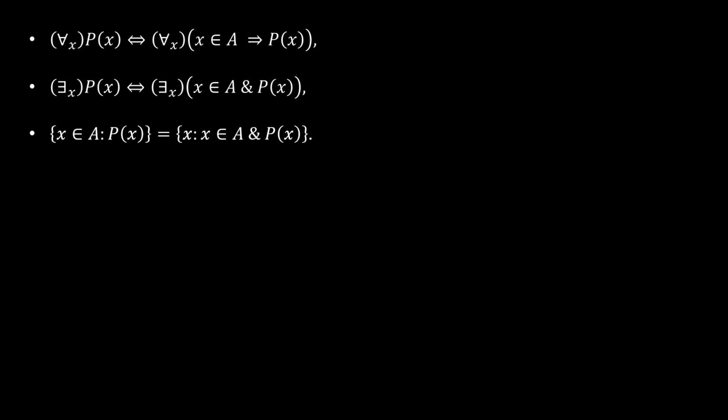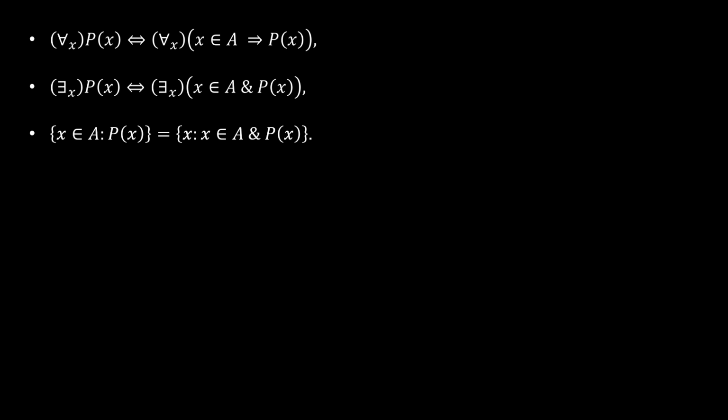So these relations do correspond. If we have a universal quantifier, for all x, p(x), this is the same as saying that for all x, if x is a member of A, then p(x) holds.